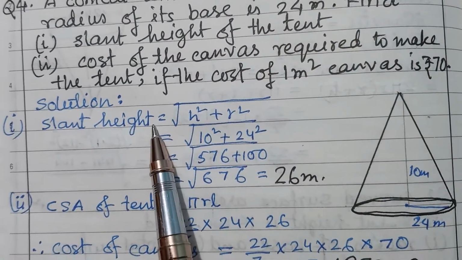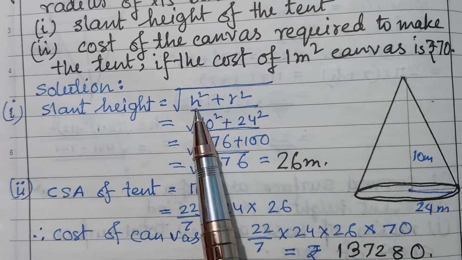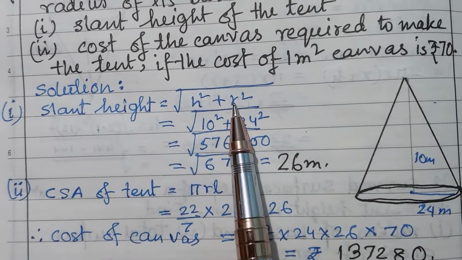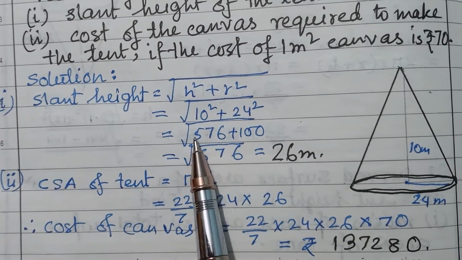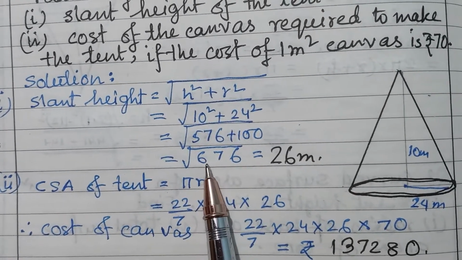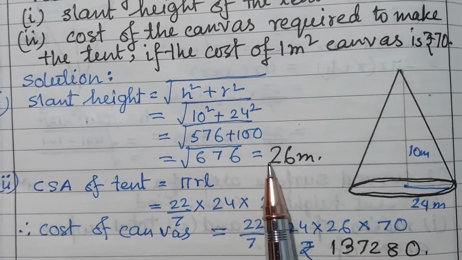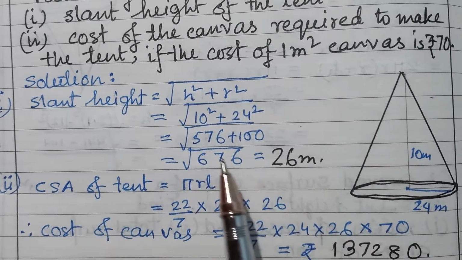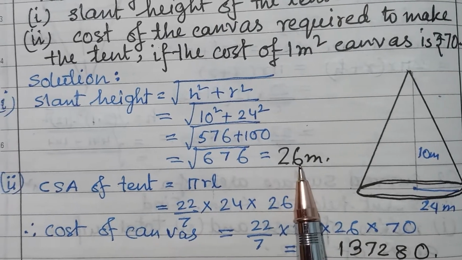So the slant height L is equal to under root h square plus r square, which is 10 square plus 24 square. This is 676, which is 26 square actually. So L is 26 meter.